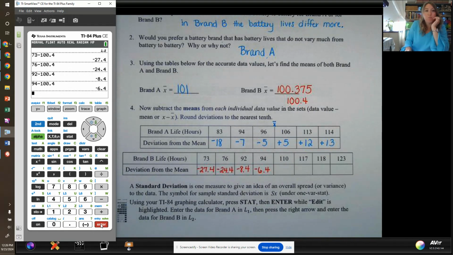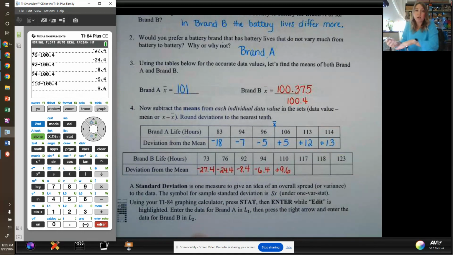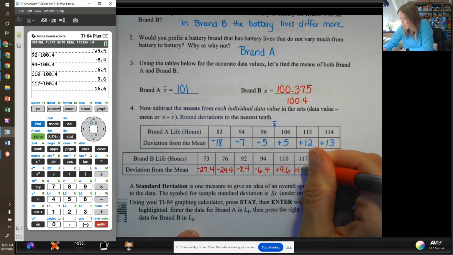Data value minus average. So my data value here is 110 minus 100.4. Now all of a sudden I'm above the mean. So I'm at positive 9.6. And so now I've got 117 minus 100.4. Now I'll be at positive 16.6.